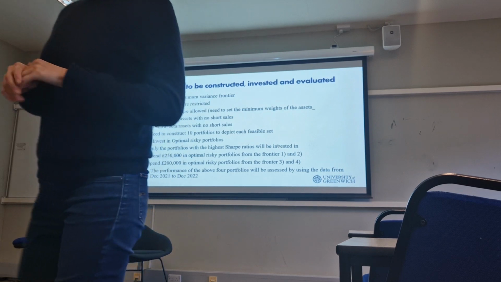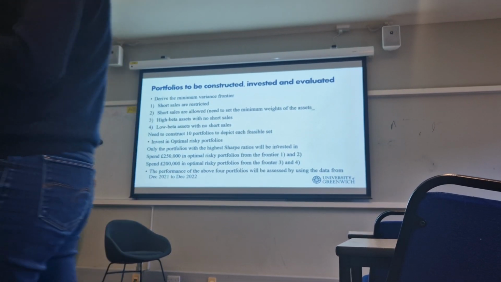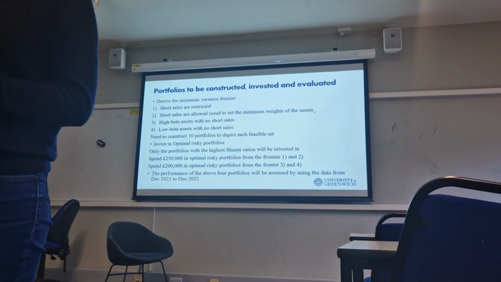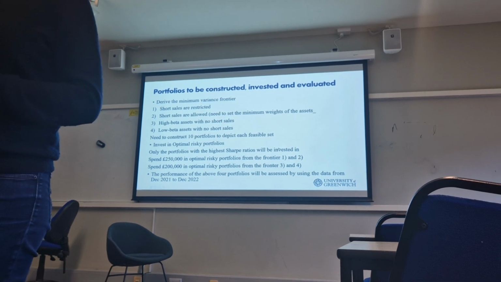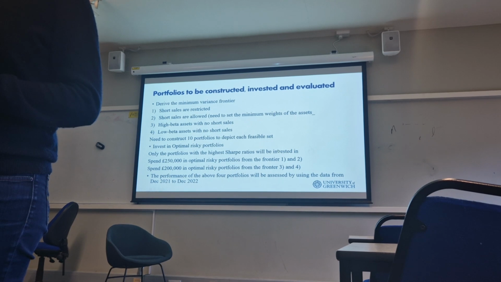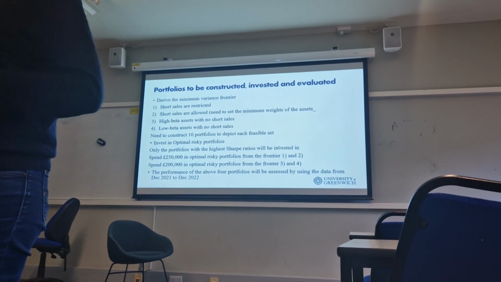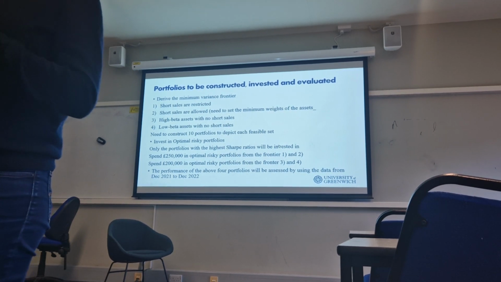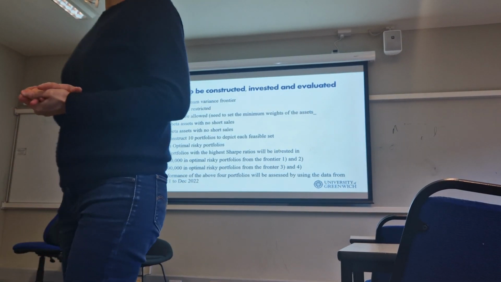Then the other two minimum variance frontiers that we need to depict are based on the high and low beta of these 30 stocks. Remember, we need to classify the 30 stocks into two groups, with high beta and low beta. We use 15 stocks to construct 10 portfolios and then derive the minimum variance frontier.